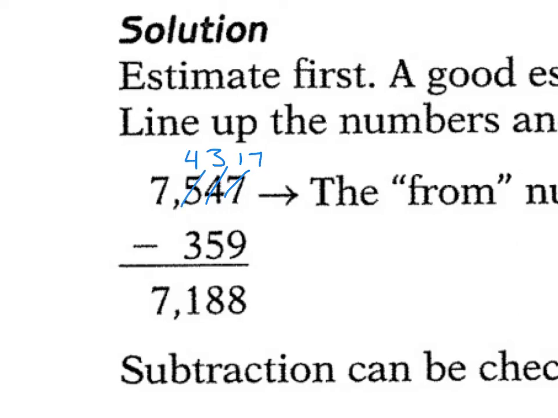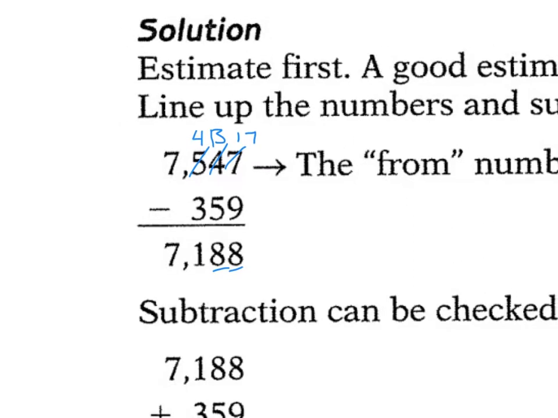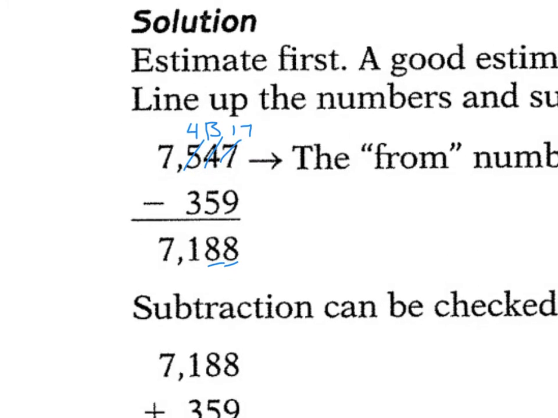So this becomes a 4, and this one becomes a 13. So now we can start subtracting. We have 17 minus 9, which is 8, 13 minus 5, which is 8, 4 minus 3, which is 1, and 7 minus 0, which is 7. So this would be our answer here.